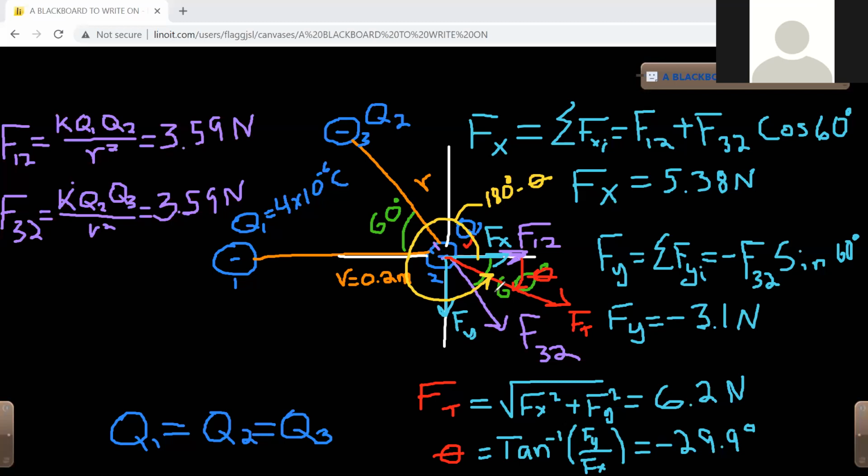So wouldn't it be also 360 minus 29.9? I thought it was going to be 360 minus 29.9. Oh, the thing is, that's confusing. I'm sorry about this. Because 180 is half, right?